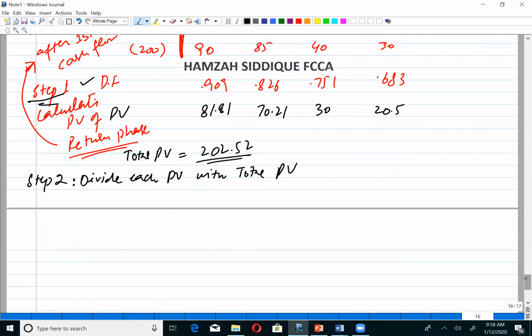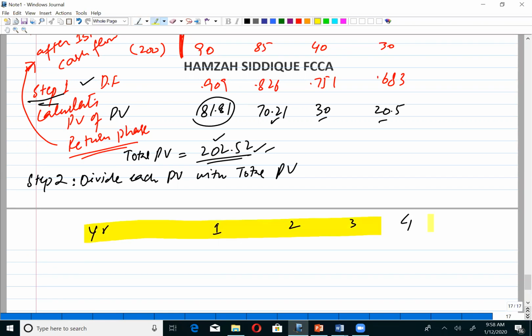Each present value means this divided by this, divided by this. Yes. So we will get a fraction. I will write the number of year over here again, because number of year will have 1, 2, 3, and 4. Yes, these are the years.